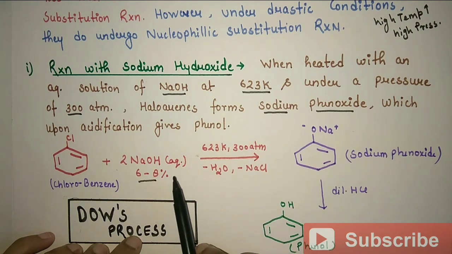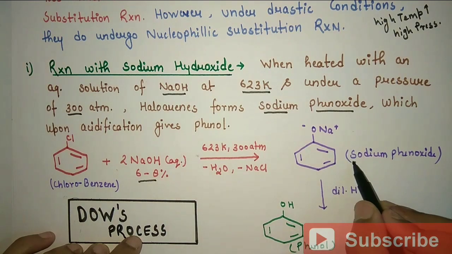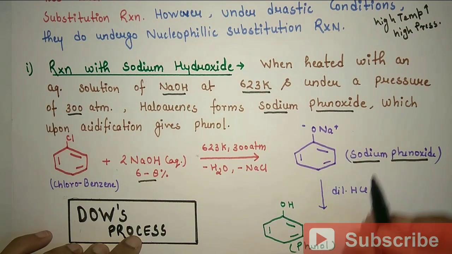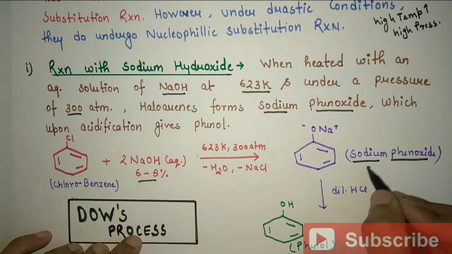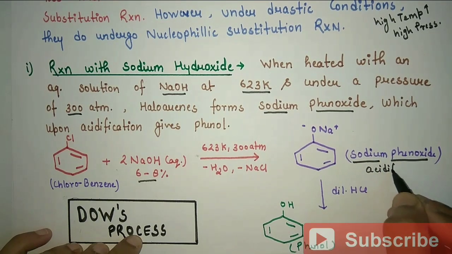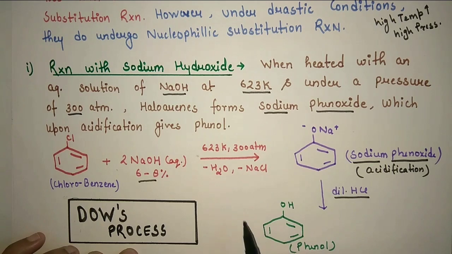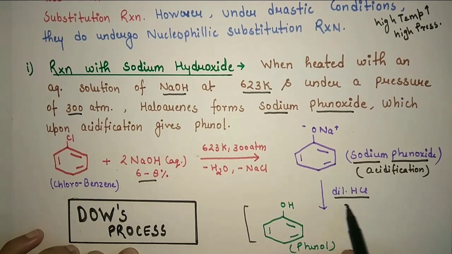It forms sodium phenoxide, a salt, O minus Na plus, and this sodium phenoxide upon acidification with dilute acids, just like dilute HCl, gives phenol. The product is phenol.